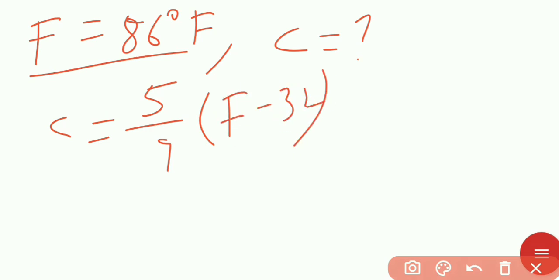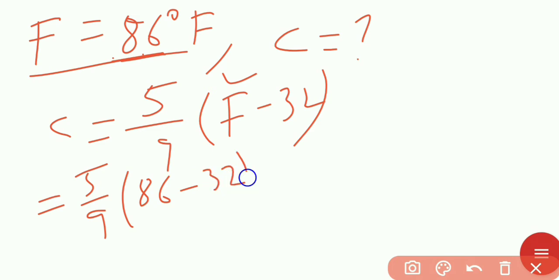Now what is the value given? 86. Now put the value of F here: 5 by 9 into 86 minus 32.